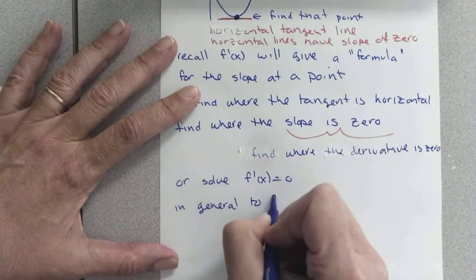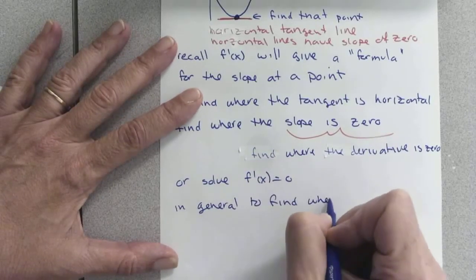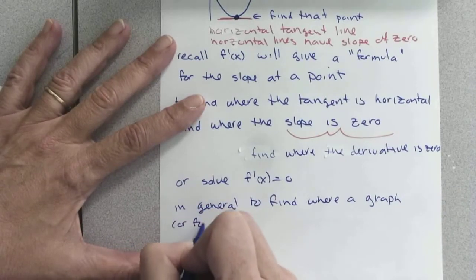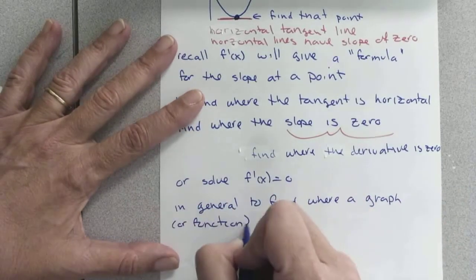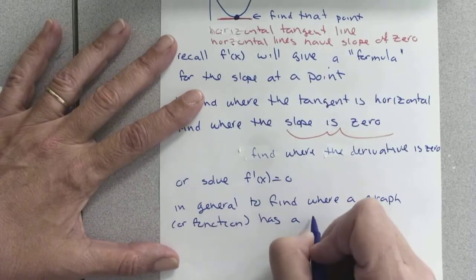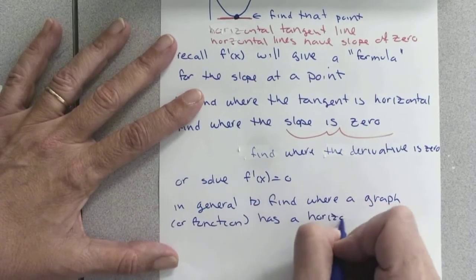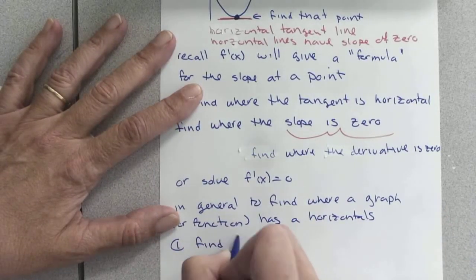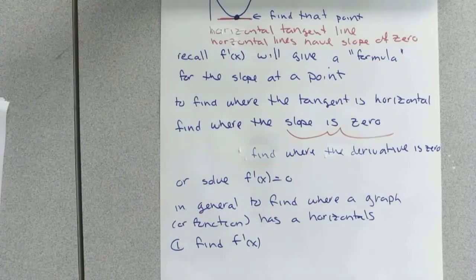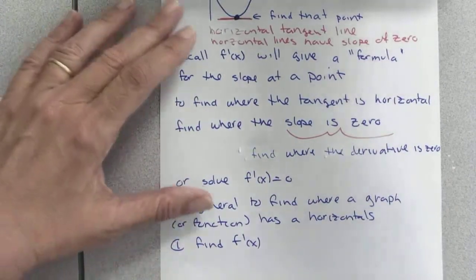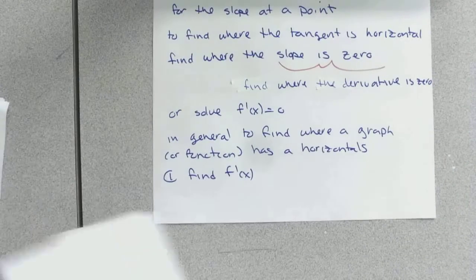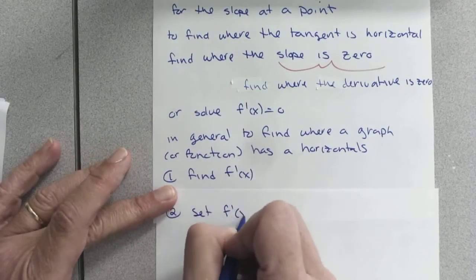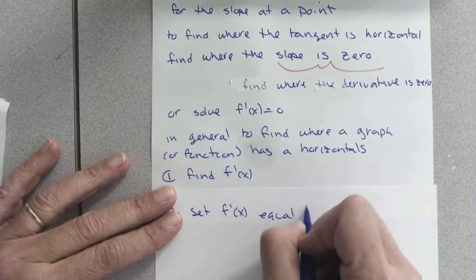In general, to find where a graph or function has a horizontal tangent, or tangents as the case may be: 1, find f prime of x, or g prime, h prime, q prime, whatever it is. 2, set f prime of x equal to 0.